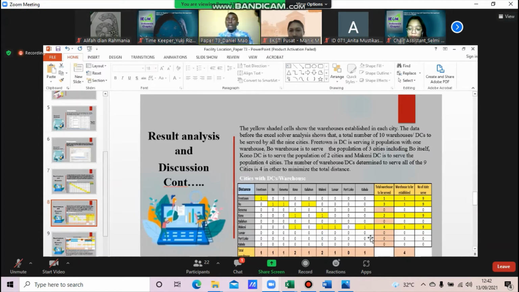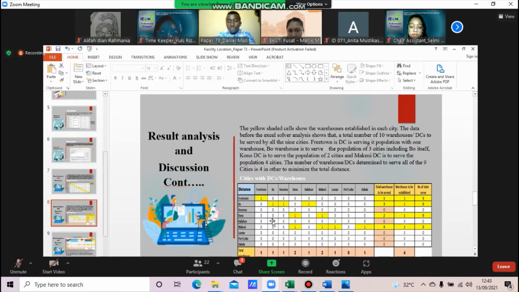Another warehouse will be in Bo, which will serve the surrounding cities. The Bo warehouse will serve Bo, Kenema and Kailahun, because the distances are relatively close together. So basically one warehouse will serve 2 or 3 cities.